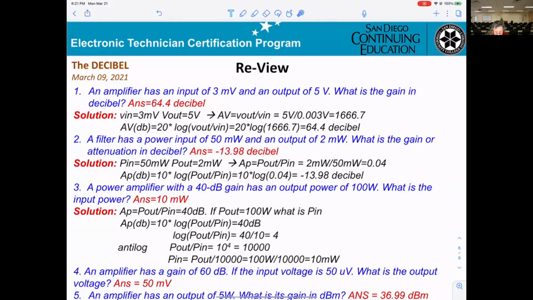Power gain equals P out divided by P in. 2 milliwatt divided by 50 milliwatt, you get 0.04. Okay. And now you want it in dB. Power gain in dB is 10 times log of P out divided by P in. So that will be 10 times log of 0.04, that gives you minus 13.98 dB.